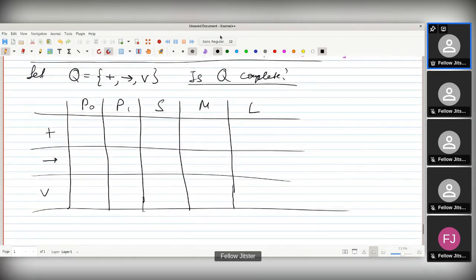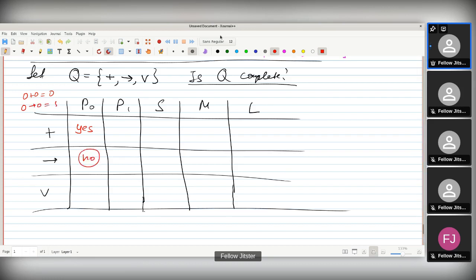What about plus? Does it preserve 0? 0 plus 0 is 0. So it preserves 0. That's not good. We need a function that doesn't preserve 0. What about implication? 0 implication 0 is 1.